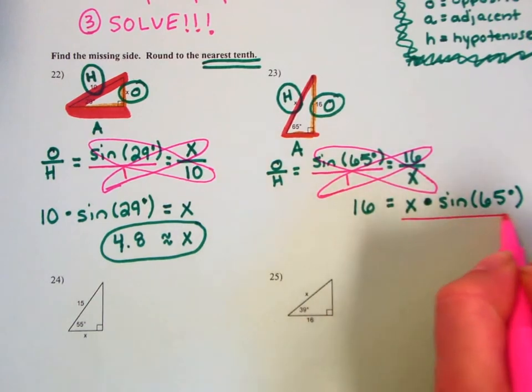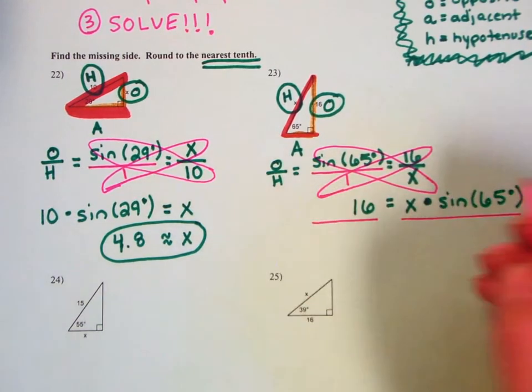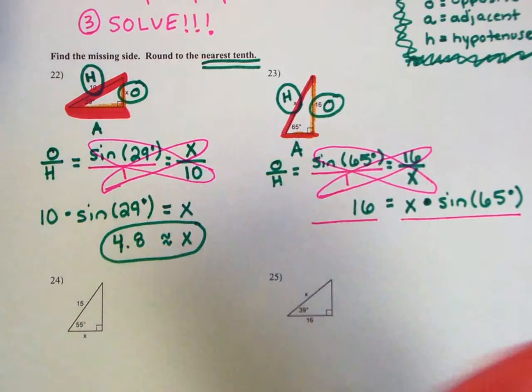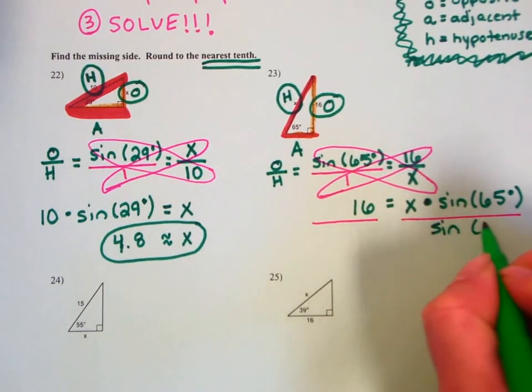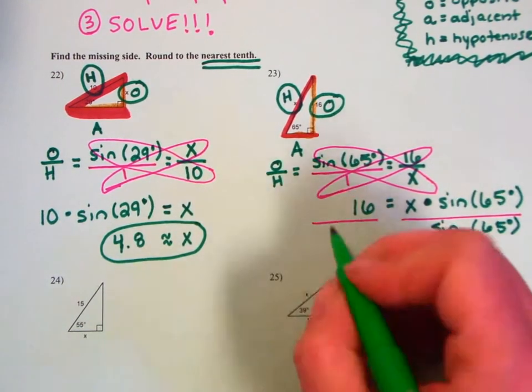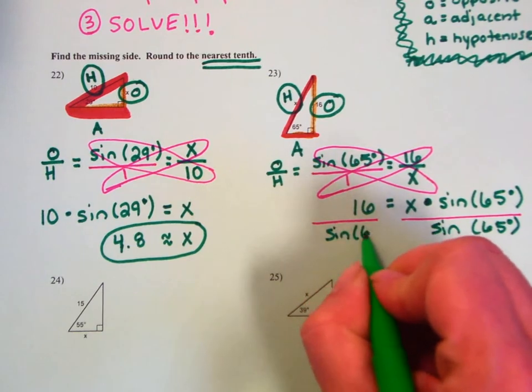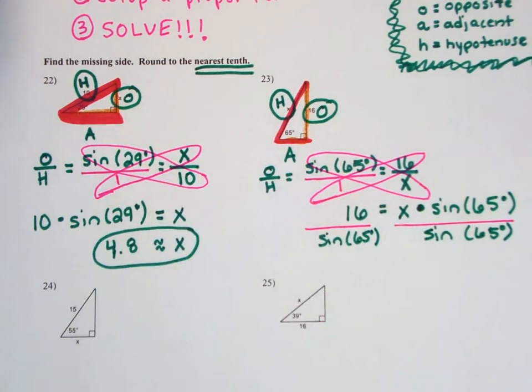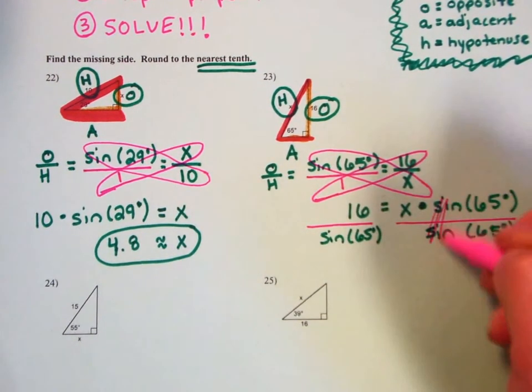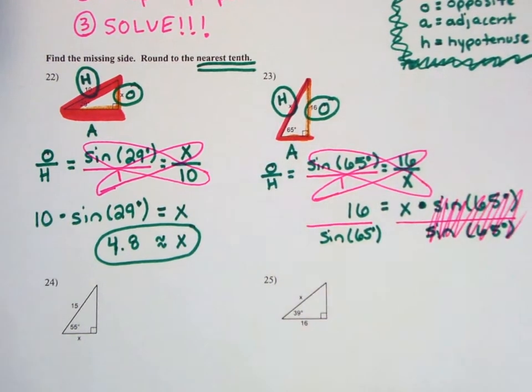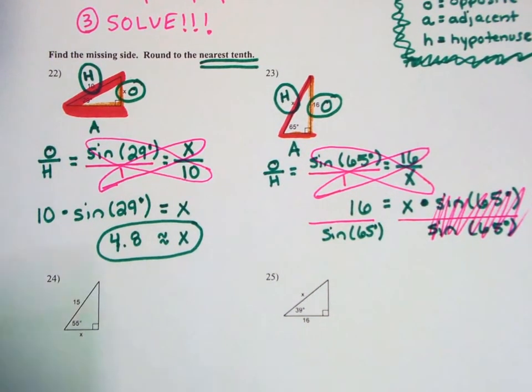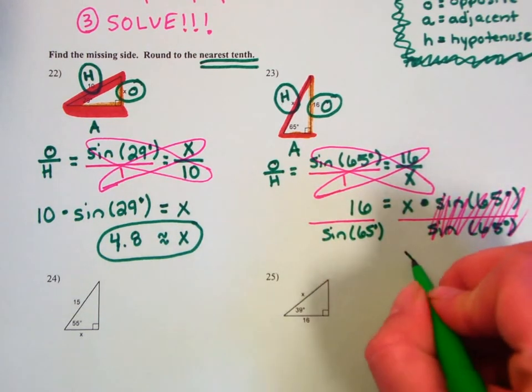So I need to divide both sides by what? The sine of 65 degrees. So these cancel out. So I'm left with x is equal to 16 divided by the sine of 65 degrees.